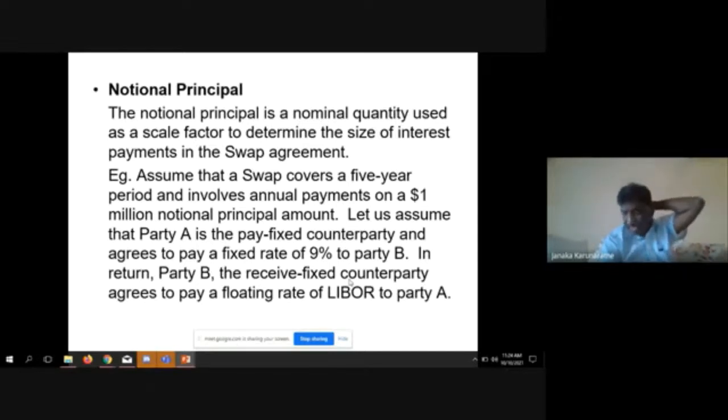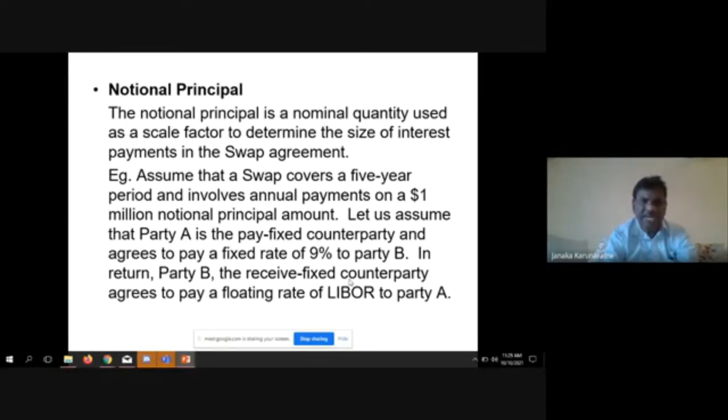Assume that a swap covers a 5-year period and involves annual payments on a 1 million principal amount. So basically the principal amount is 1 million, agreed. Both parties agree, and the exchange of interest rate flows is based on that.